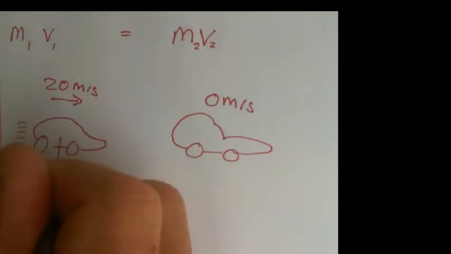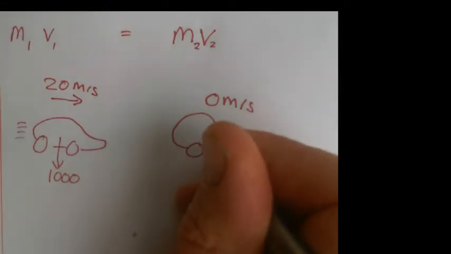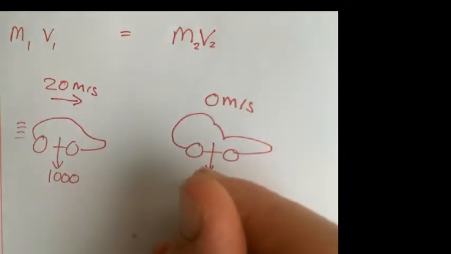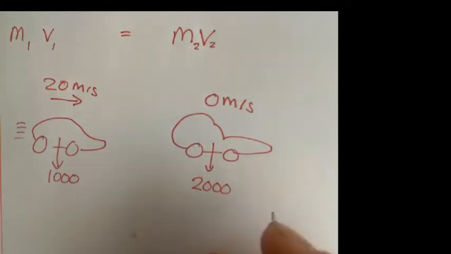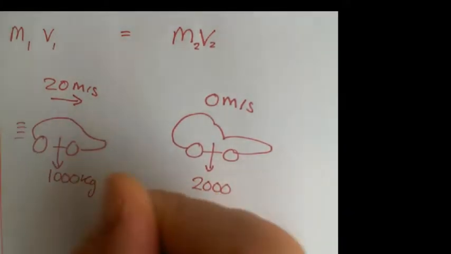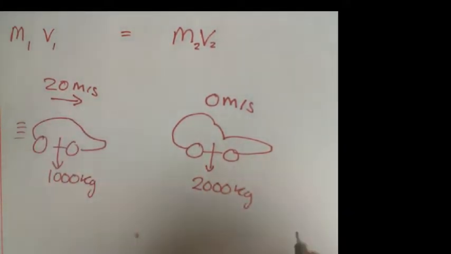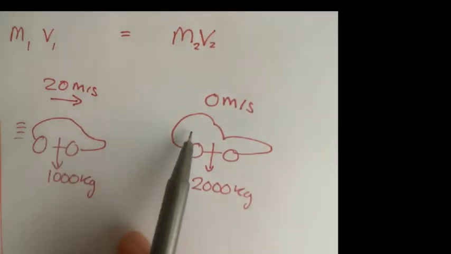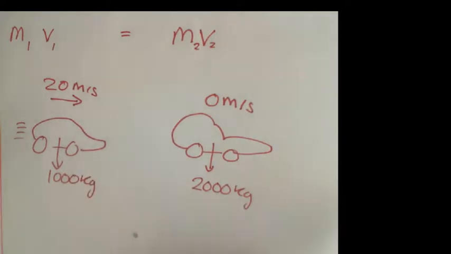This one's got a mass of 1,000, and this one's got a mass of 2,000. What's going to happen is this car is going to smash into the back of this one, and then the two of them are going to go off together.